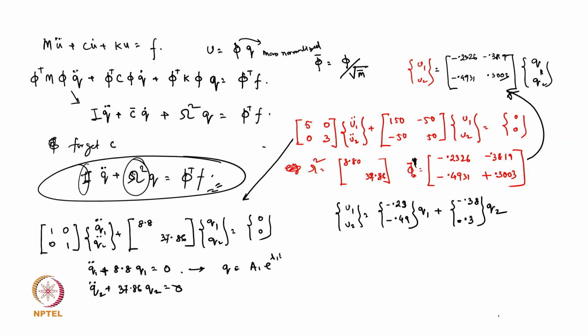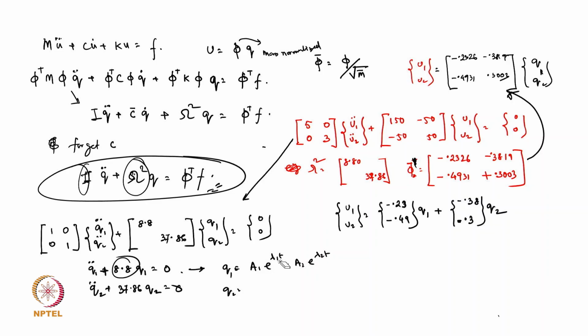Okay, so we can just simply write that q1 equal to a1 e to the power of lambda 1 t plus a2 e to the power of lambda 2 t. Here also, not lambda 1, lambda 2, because lambda we also know is a square root with the i actually. So it will be square root of 8.8, one with i and another with minus i.